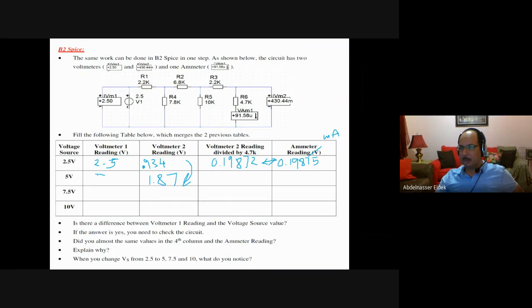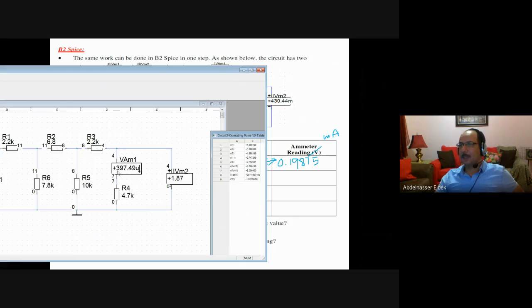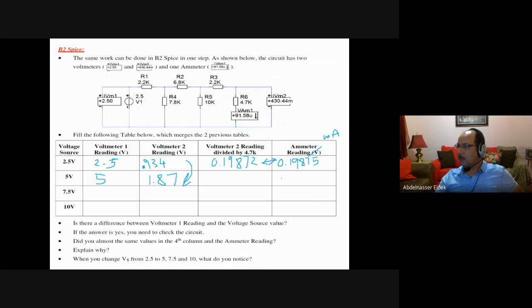This one is 5 volt, this one is 1.87. What about the current? The current is 397 micro, which is 0.397 milliampere.